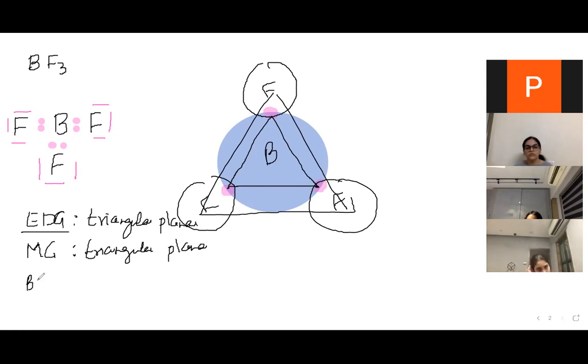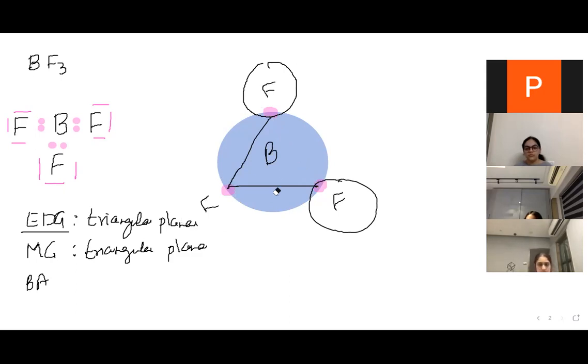Now the bond angle. For the bond angle, you will consider the FBF bond.